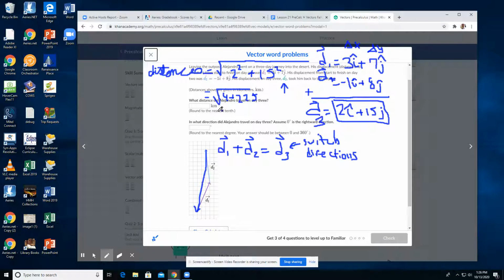And that's going to be equal to the square root of 229. And they want it to the nearest tenth.